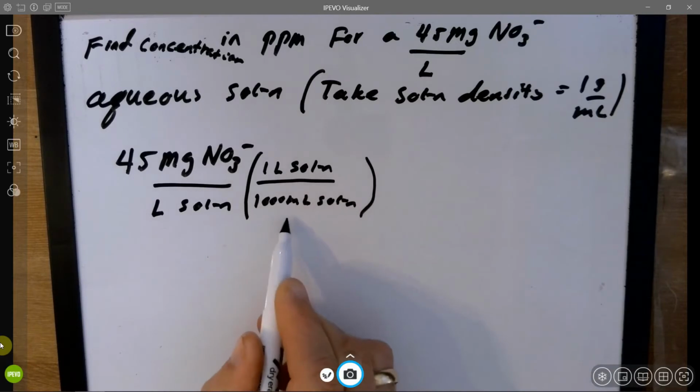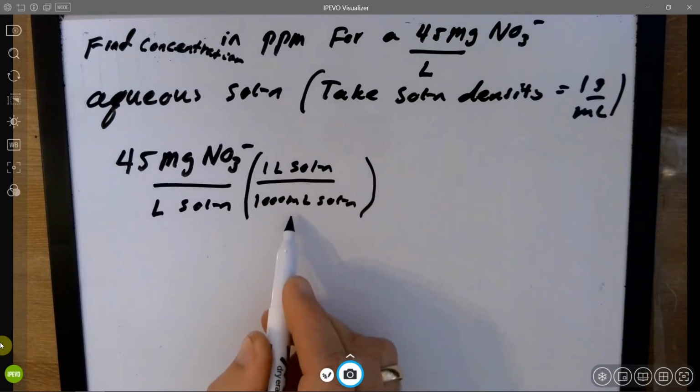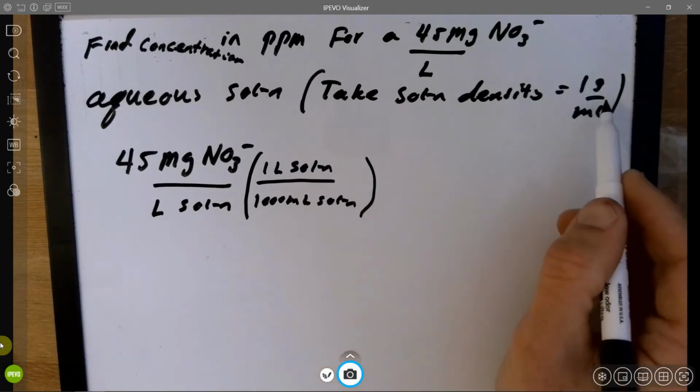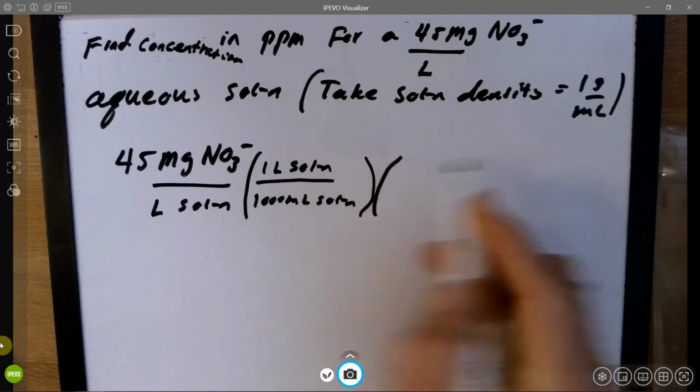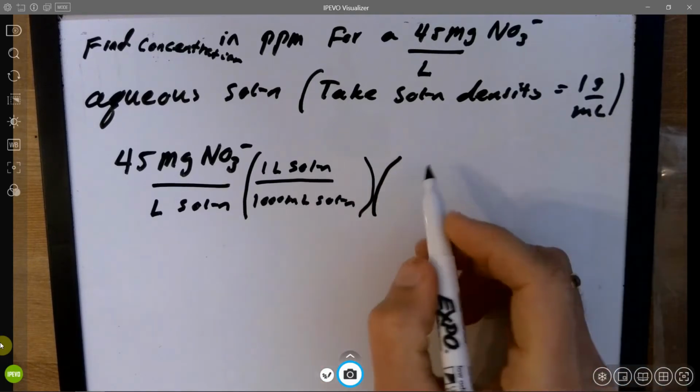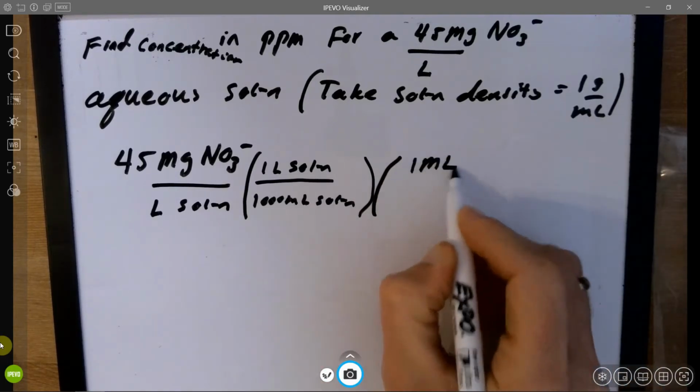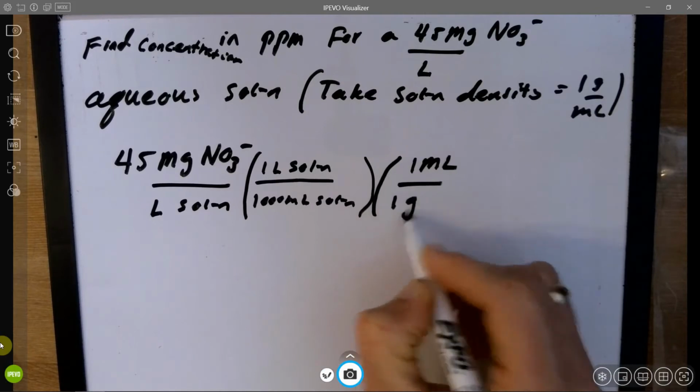Cool. Now I have milliliters. I don't want milliliters, I want milligrams eventually. So I'm going to convert to grams first, because I'm given the density in grams per milliliter. I'm going to cancel out milliliters, so I'll put milliliters at the top. 1 milliliter is 1 gram. That's the density.